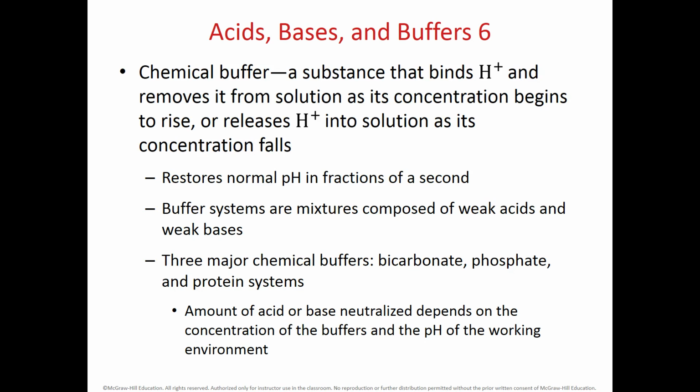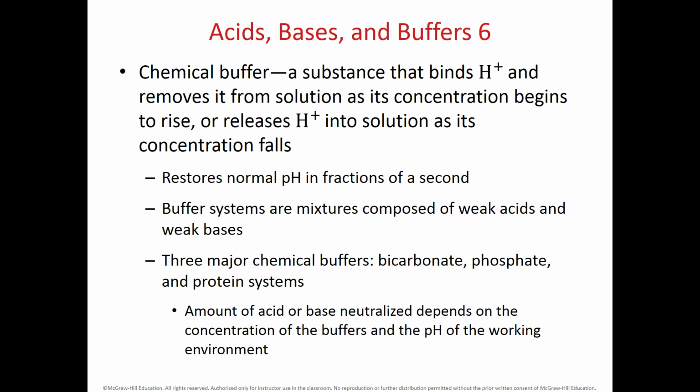Now, a chemical buffer, as I said before, will be a substance that can bind hydrogen ions and remove them from the solution as the hydrogen ions start increasing within the solution, or it will release hydrogen ions into the solution if the concentration of hydrogen ions starts decreasing.